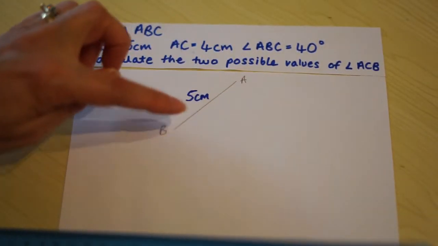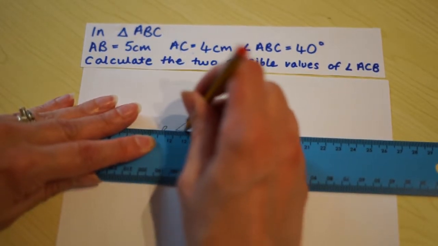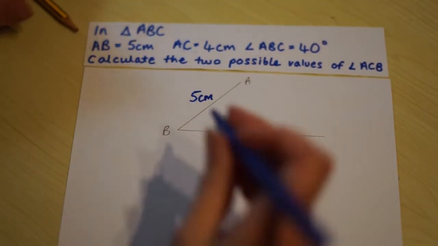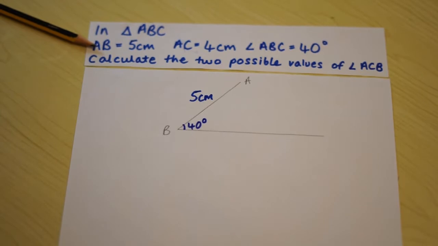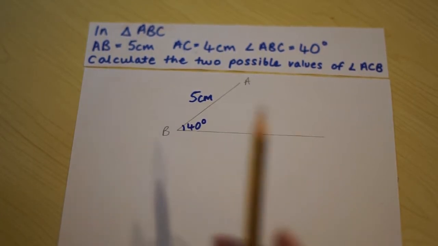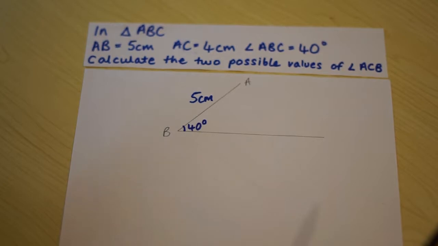Angle ABC is 40 degrees. Let's say it's roughly that. 40 degrees. And side AC is 4 centimetres. So the aim of the problem is to calculate two possible values of angle ACB.